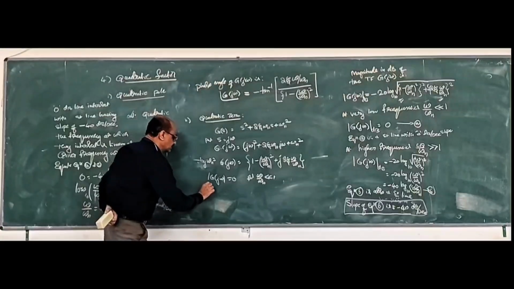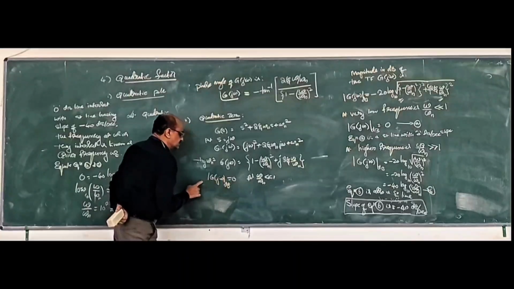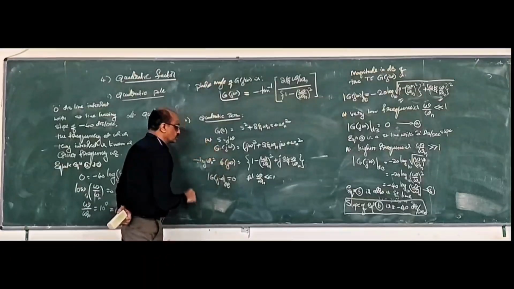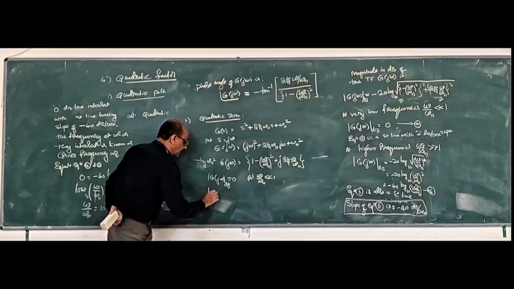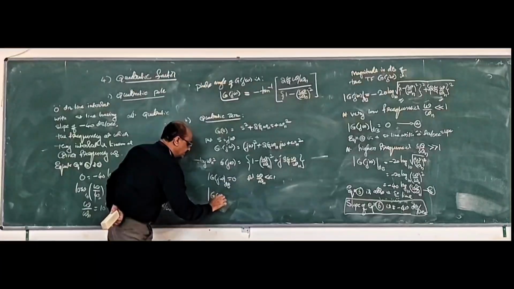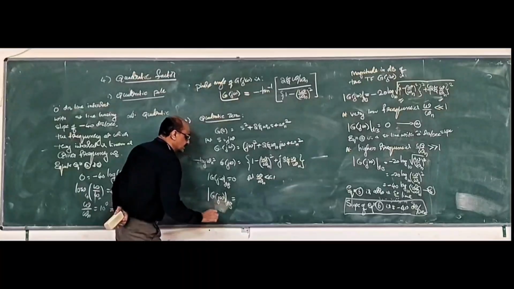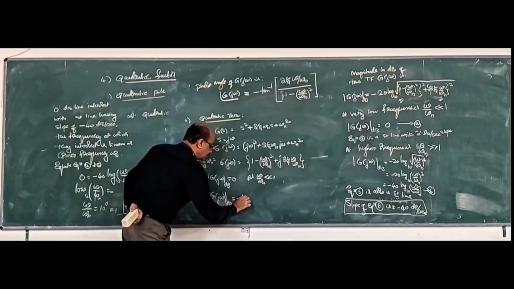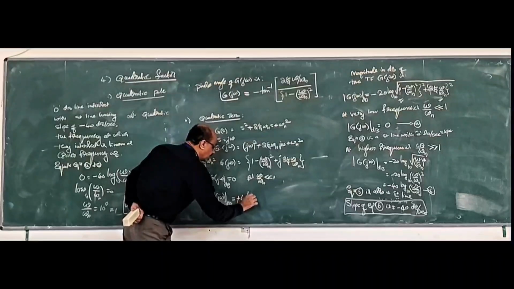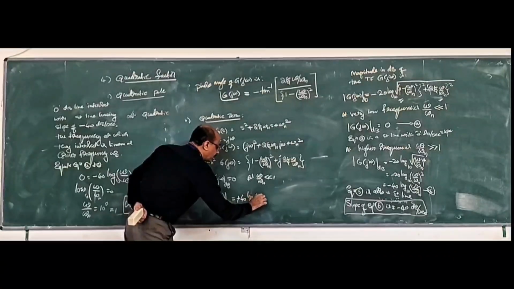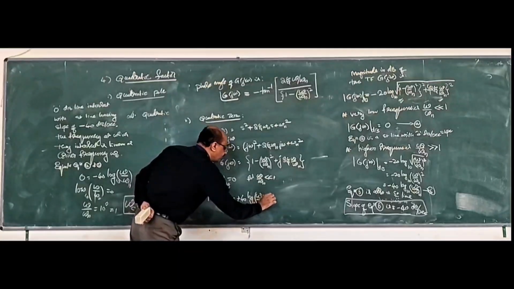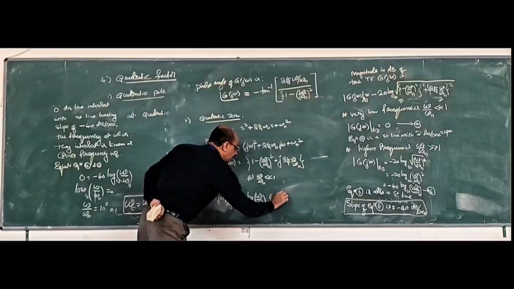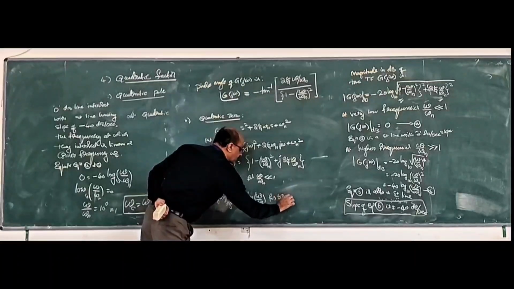Another condition is g of j omega dB equal to plus 40 log omega by omega n, for omega by omega n far greater than 1.